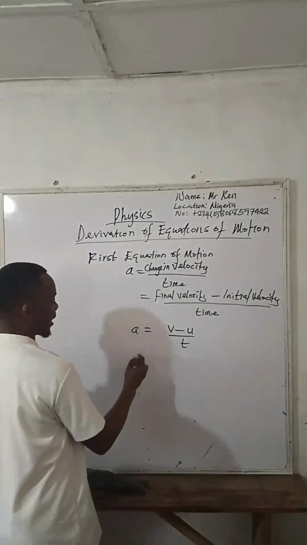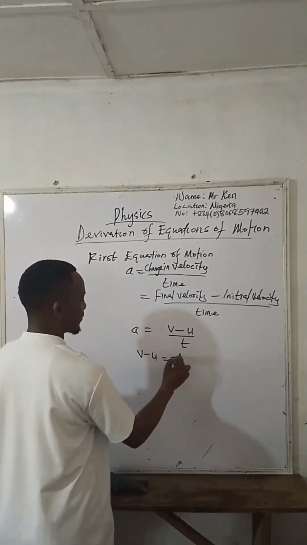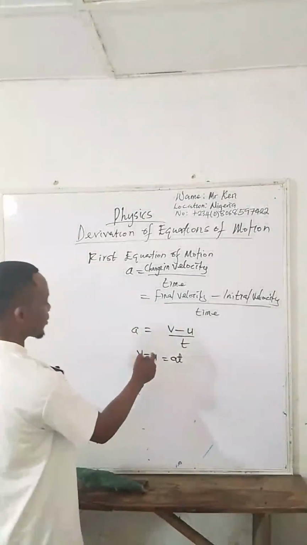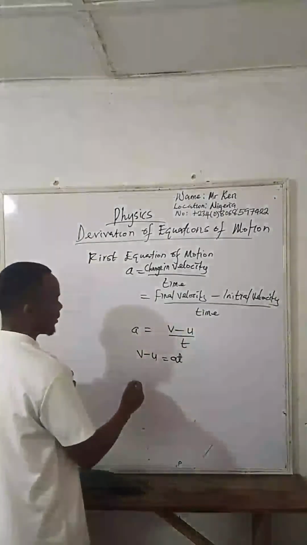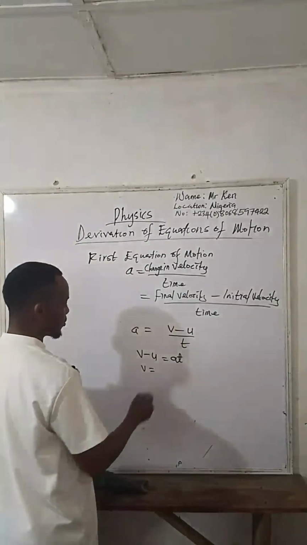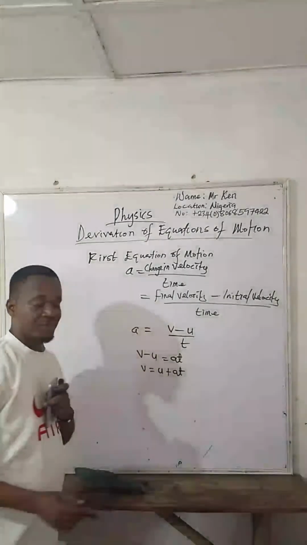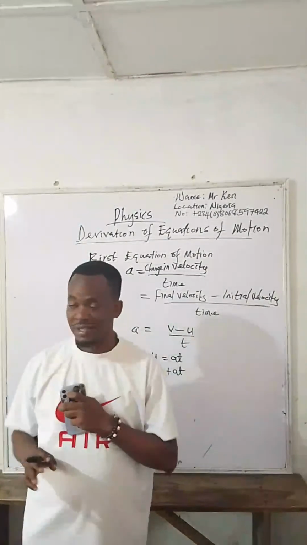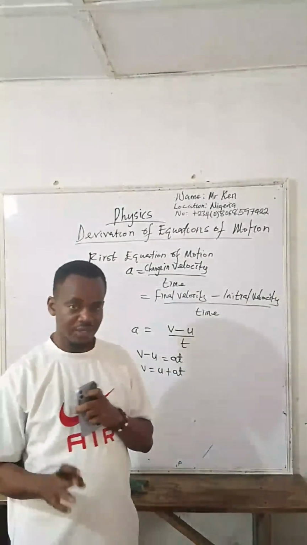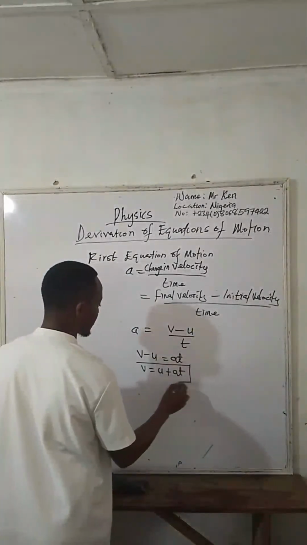I'll cross multiply, that is v minus u is equal to at. Then I take this u inside, and I get v is equal to u plus at. This is what we call the first equation of motion.